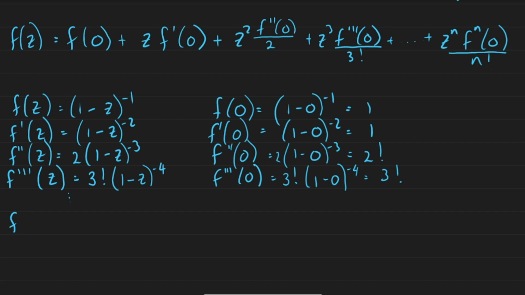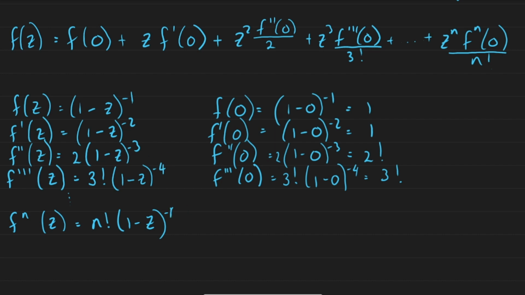So the nth derivative of f at z is simply equal to n factorial times 1 minus z, and now we have minus n in the exponent, but 1 less than minus n. You can see that for the third derivative we have minus 4.